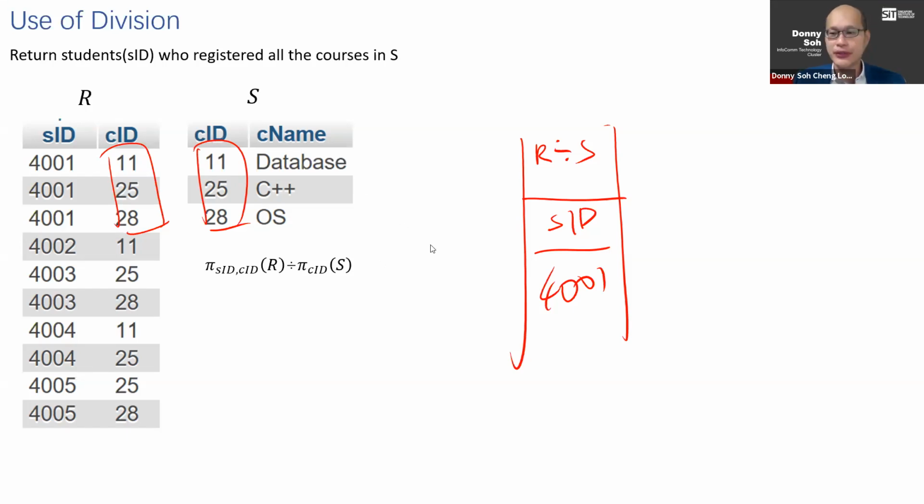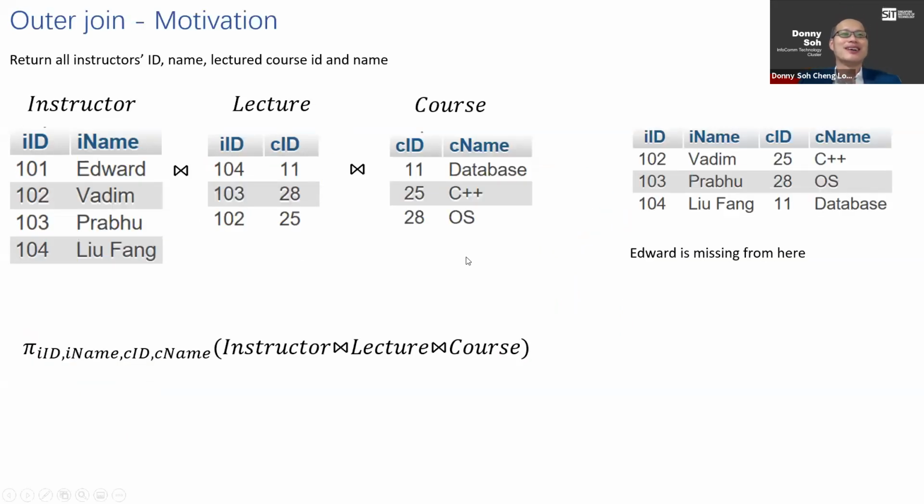Okay, so that was what we did before the break. Right now, we're going to be looking at the motivation. So earlier I mentioned that if we were to do the natural join, so there's no theta condition, we would be missing certain items.